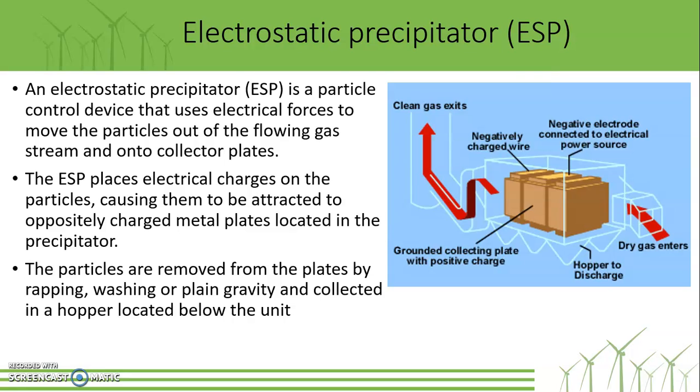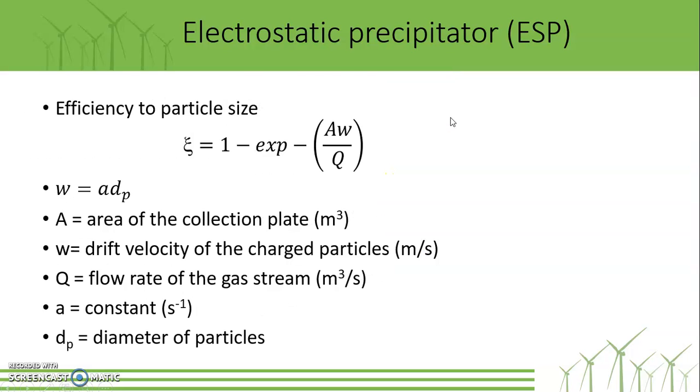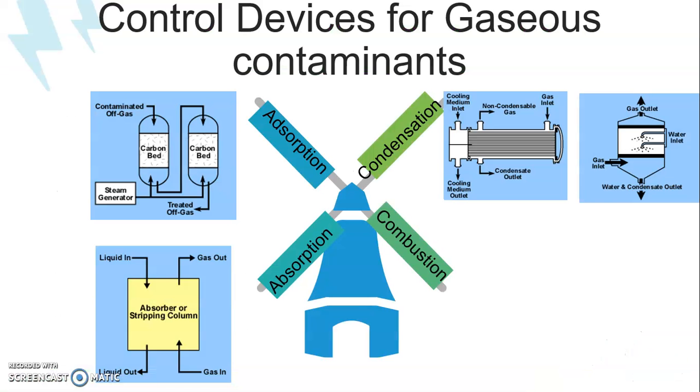Let's say the pollutant is positive, it will attach to the negatively charged wire, and then the clean air will exit at the stack here. This is the formula used to calculate the efficiency of the ESP, so later you can have a look in the textbook.